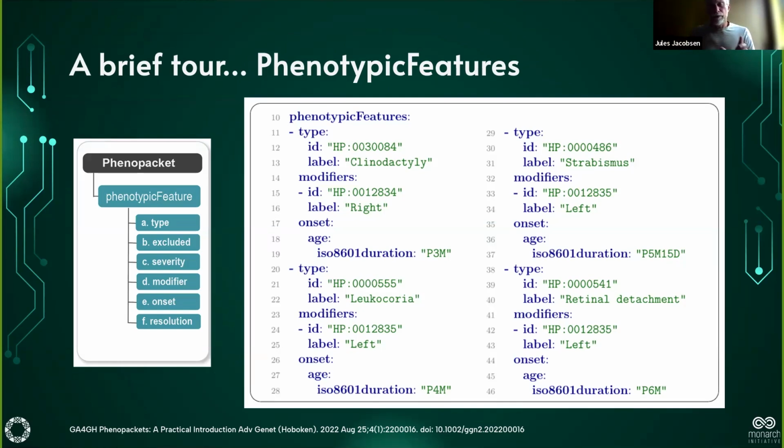So if we go back to this just before we move on, you notice that all of these terms are for the HPO. We've got HPO identifiers all the way through here. We've done that deliberately because we designed the Phenopacket with the HPO in mind, but we're not requiring that people actually use the HPO. It's perfectly possible to use something like SNOMED terms if you wanted to, but they might not always fit particularly well.